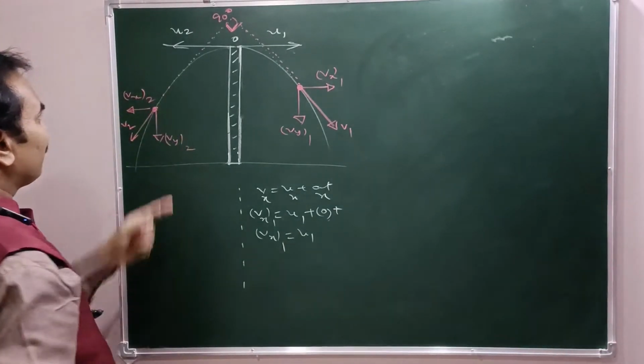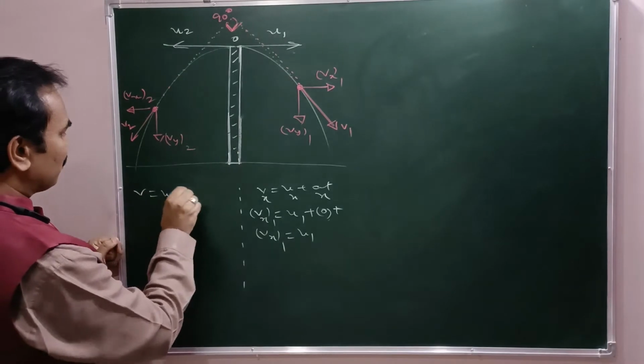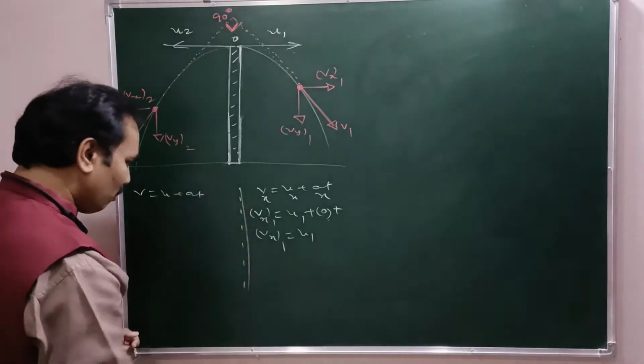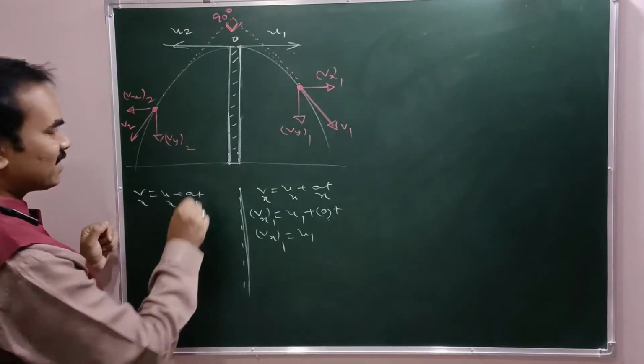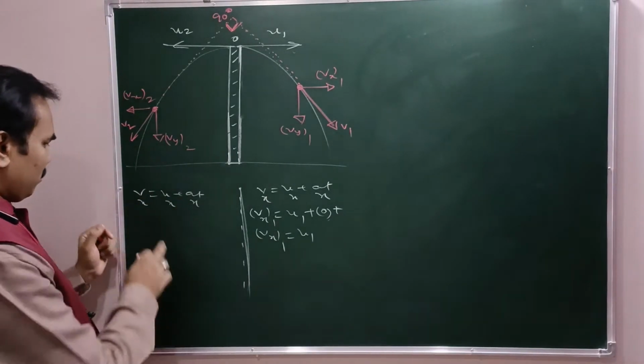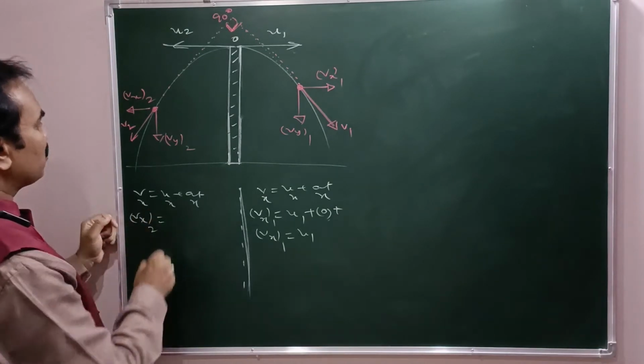Similarly, for this one, v equal to u plus at, that is Vx equal to ux plus ax into t. So Vx for the second projectile equals ux.